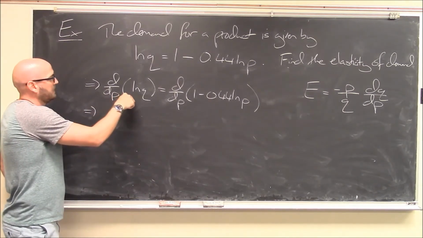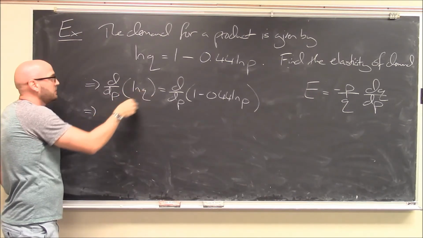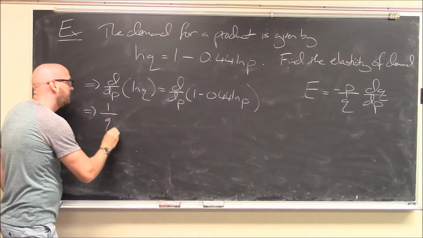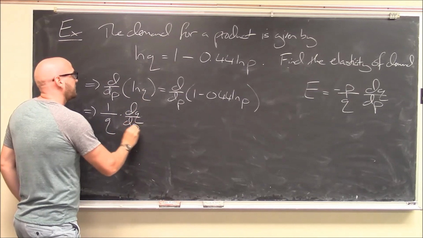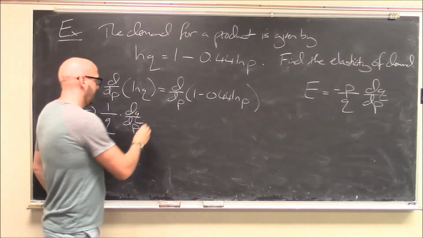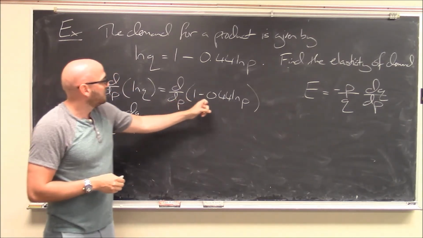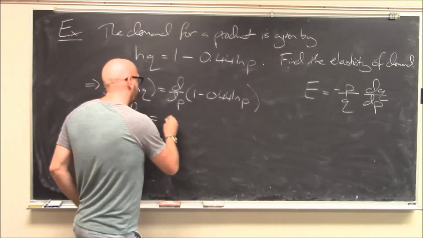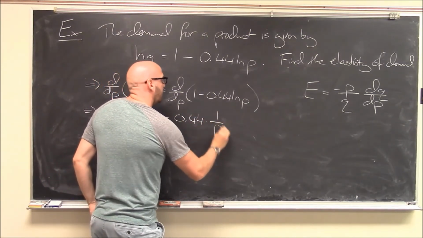So how do I differentiate with respect to p? Well, first I differentiate this with respect to q. So ln of q with respect to q is 1 over q times the derivative of q with respect to p. And on the right hand side, what do I have? Derivative of 1 with respect to p is 0, and derivative of 0.44 ln of p with respect to p is minus 0.44 times 1 over p.